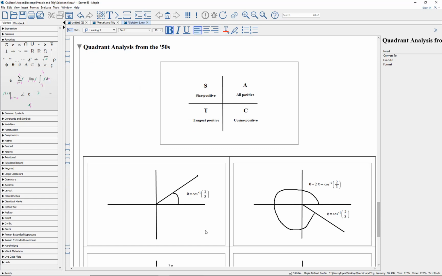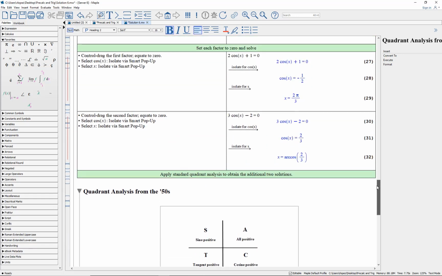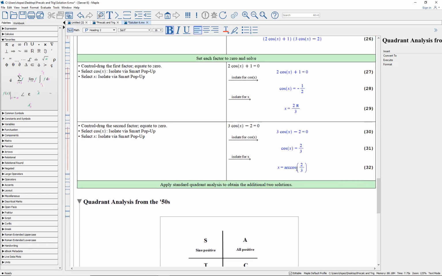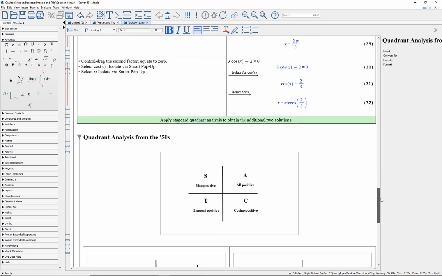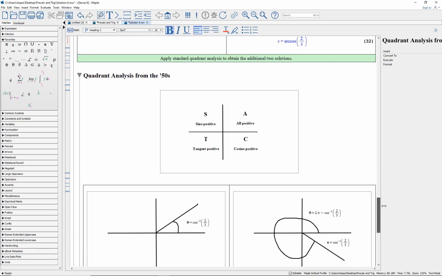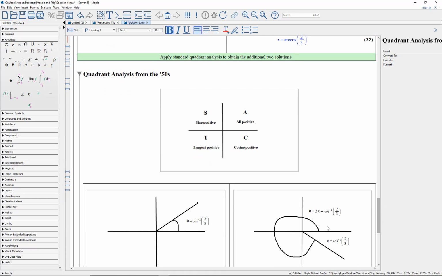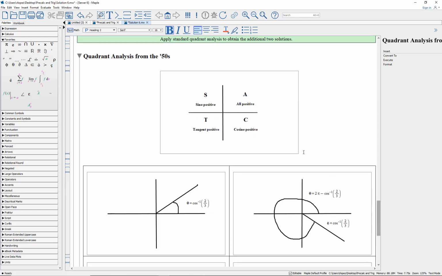Then, this is a sketch. Remember, this is the first angle, arc cosine 2/3. How do you do this? Well, this is positive. So the cosine is positive in the first and fourth quadrant.